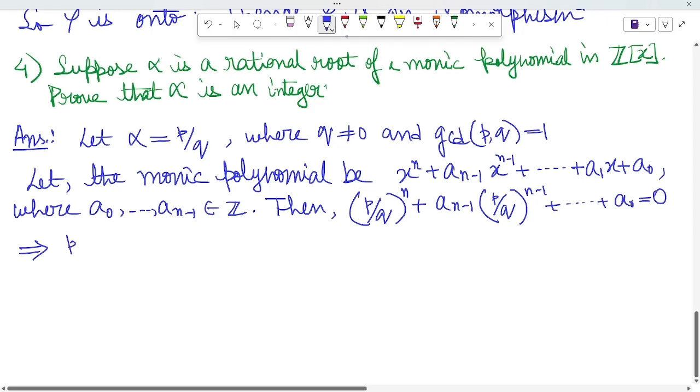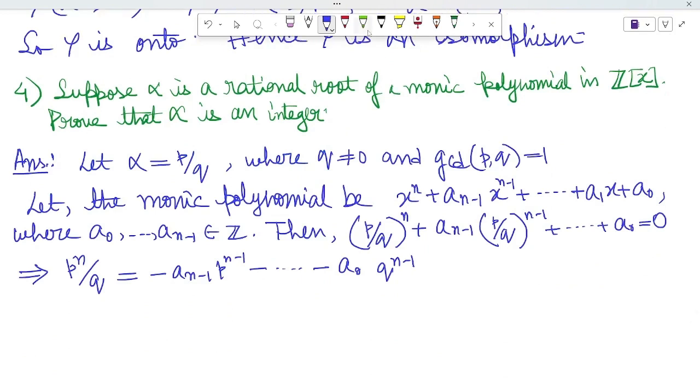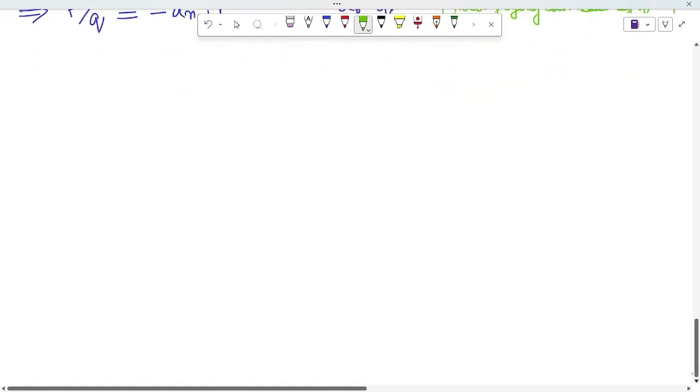Now I can write that, I am multiplying both sides by q to the power n minus 1. So I am getting this.